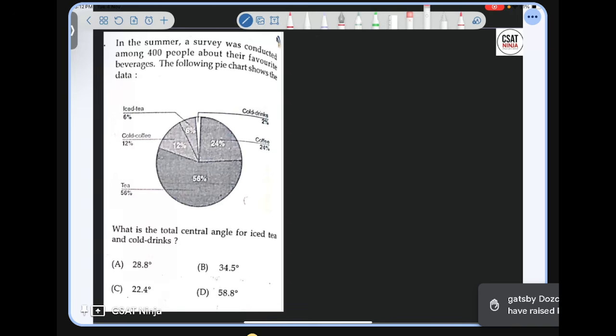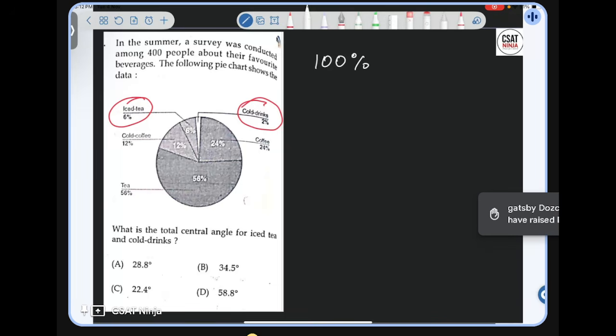We need to find the total central angle of iced tea and cold drinks. Iced tea is this one, and cold drinks is this one. Look at the data here, which is given in terms of percentage. If your data is given in terms of percentage, always remember that the total value will be 100%, okay?